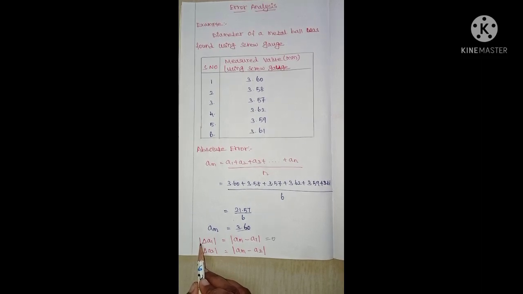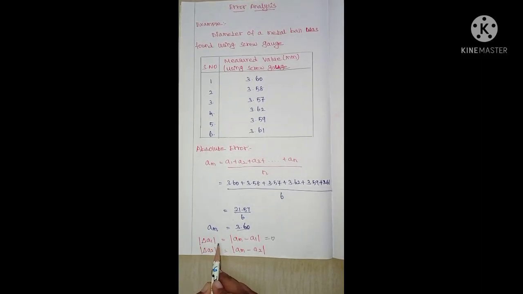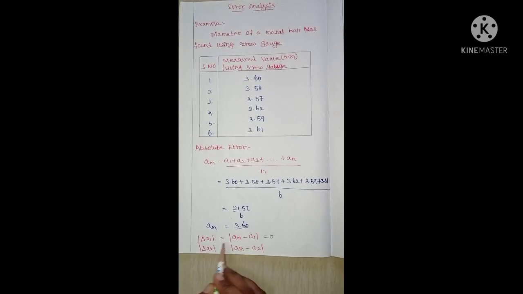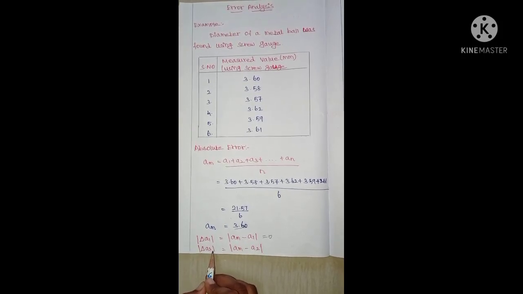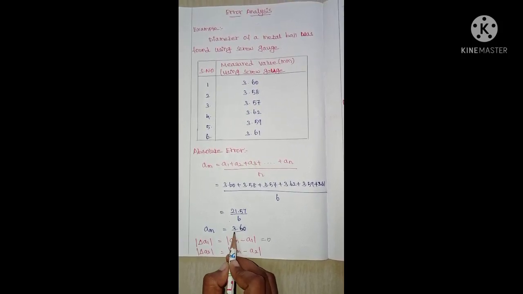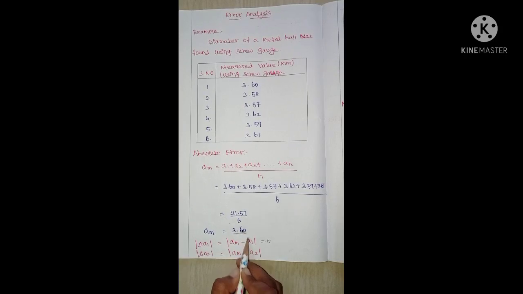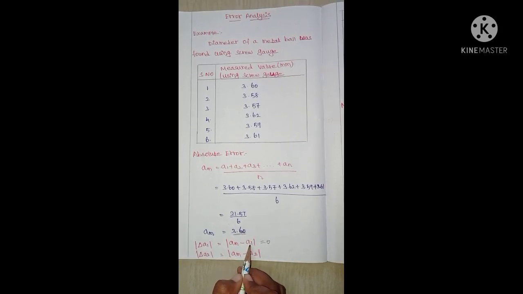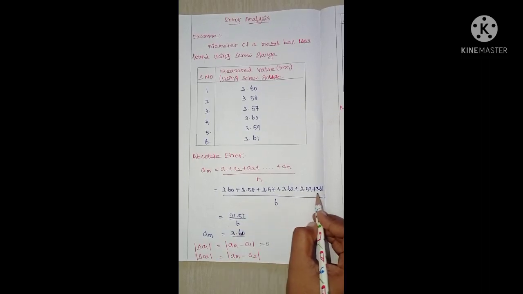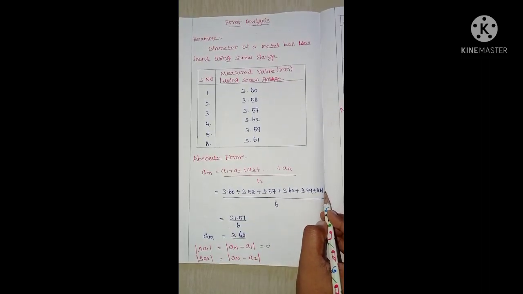So we find modulus of delta A1 equals modulus of AM minus A1. Next, modulus of delta A2 equals modulus of AM minus A2. The AM found here is 3.60, and A1 is 3.60, A2 is 3.58, and the remaining values respectively.